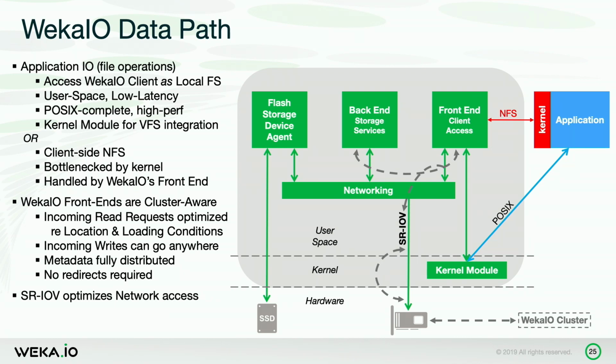It's going to go somewhere within the cluster based on the best likely destination. It can, if necessary, be redirected within the cluster, but in a very high percentage of cases, it will go to the correct destination. So that's where some of the efficiency is obtained. Right, so the front end can be directed to the back end.